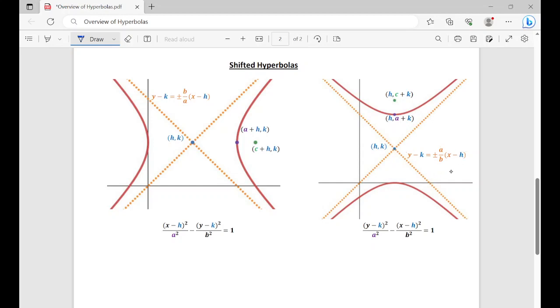The asymptotes, you will do the same thing as we did on the previous one. Just remember that the hyperbola in this form is going to be a over b, not b over a. But once you have it, just plug it into your point slope formula, then put in your h and k values you get from your equation, and then work it out to get your two equations for the asymptotes.